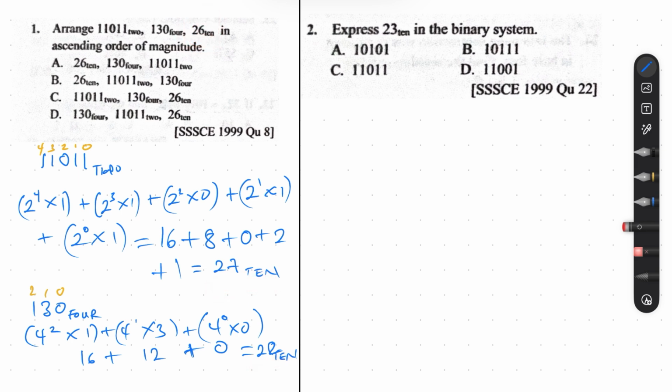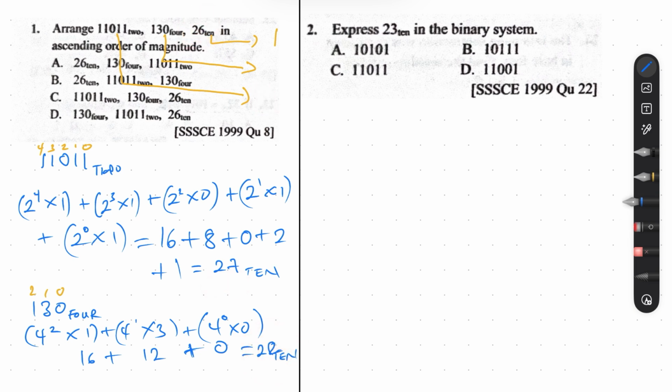right? So let's write, this is number 1, and then 130 base 4, what did you get for that? That is 28. So let's draw a line and a line for this. 28 is greater than 27 and is greater than 26, so that will be the largest, which is the third, right?